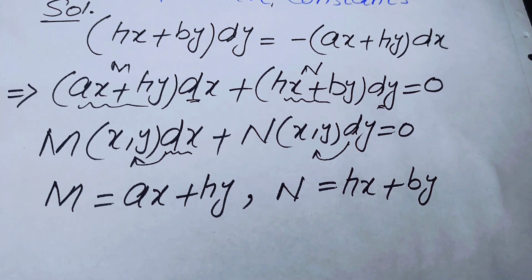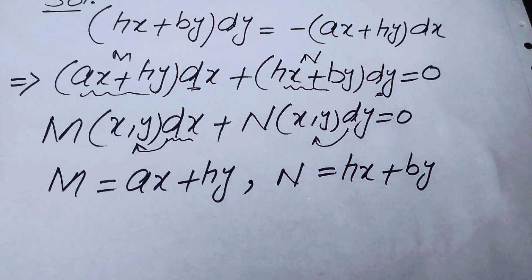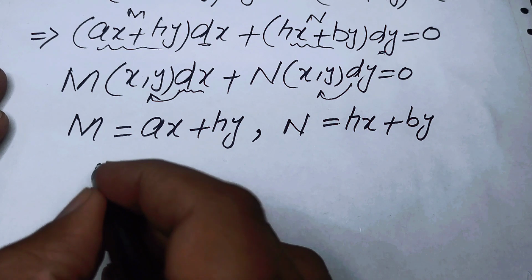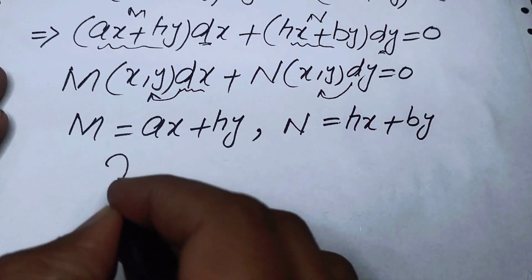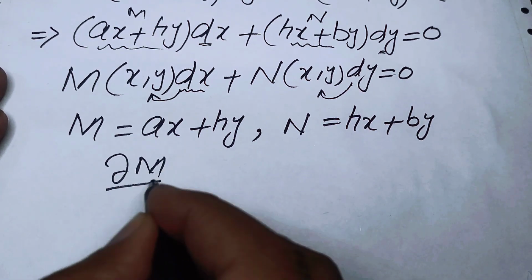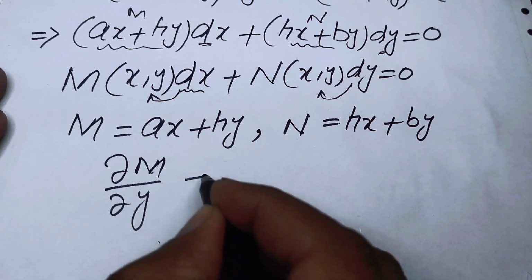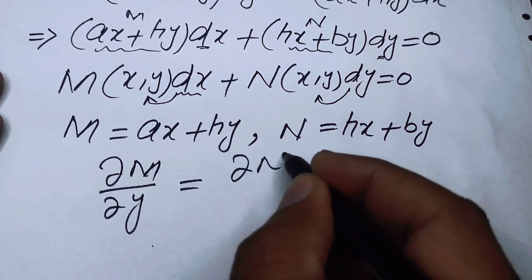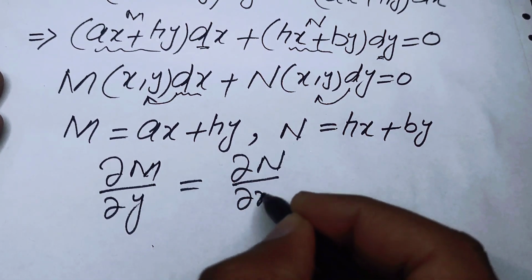And after that the condition of an exact differential equation is that the partial derivative of M with respect to y is equal to the partial derivative of N with respect to x.